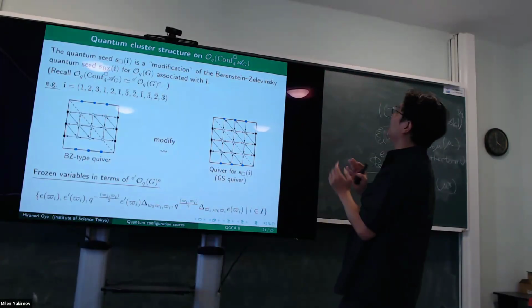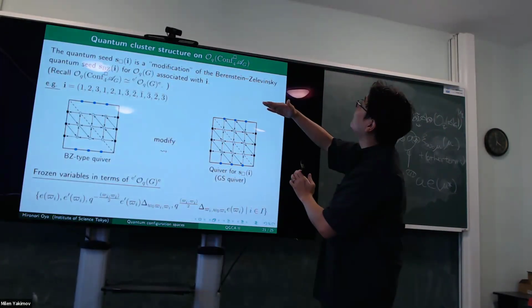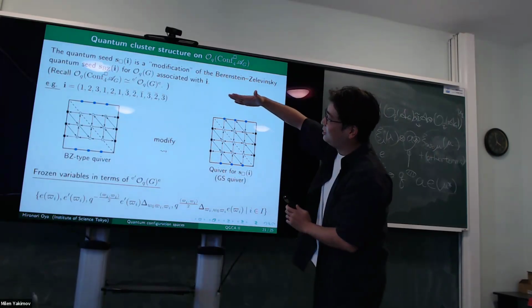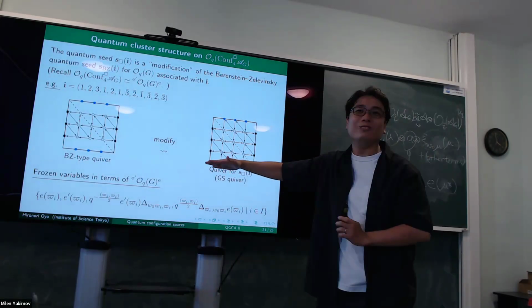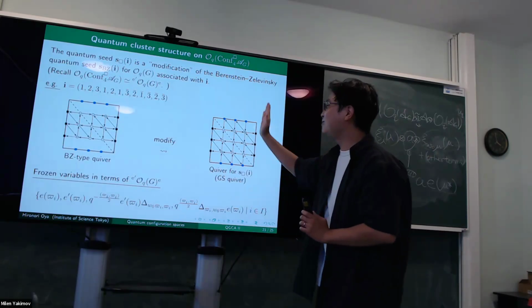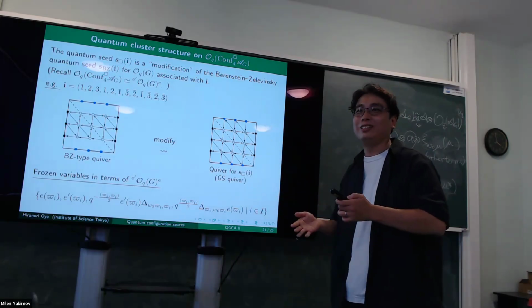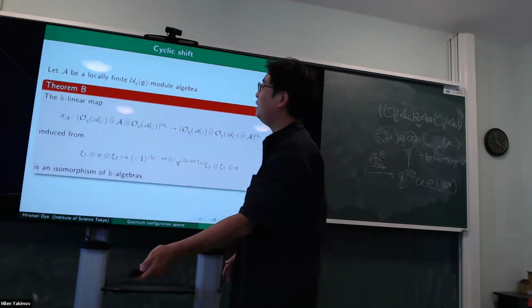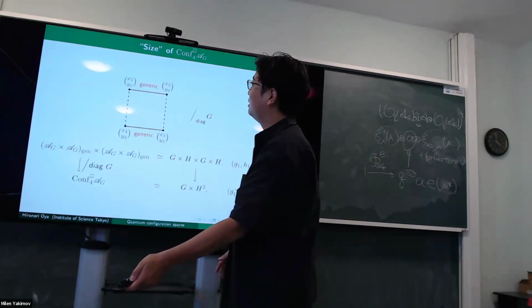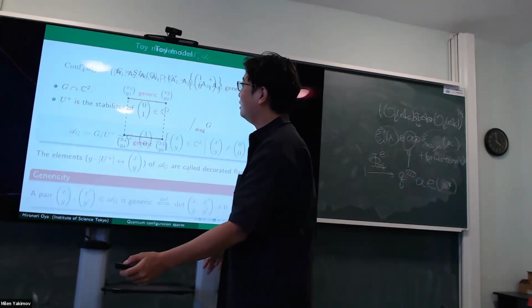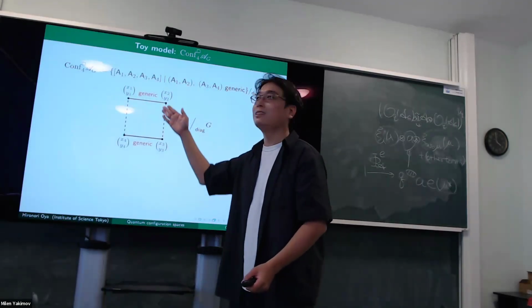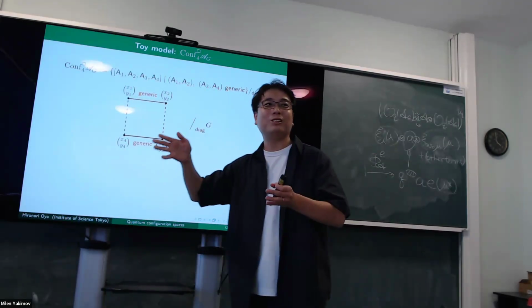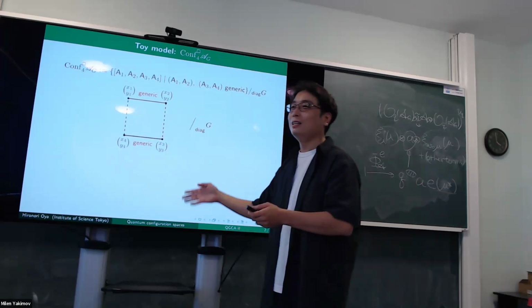Yeah, in this picture, the frozen variables on this edge and on this edge are invertible, but these two are not invertible. So it corresponds to the localization of this one. I see. So this part and this part are invertible, but we don't invert this part.